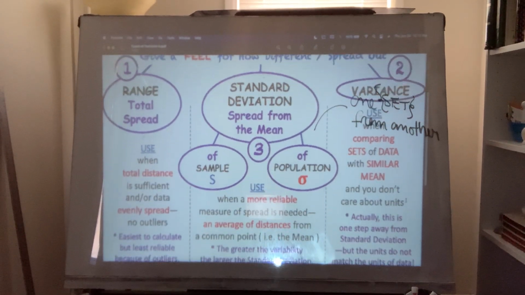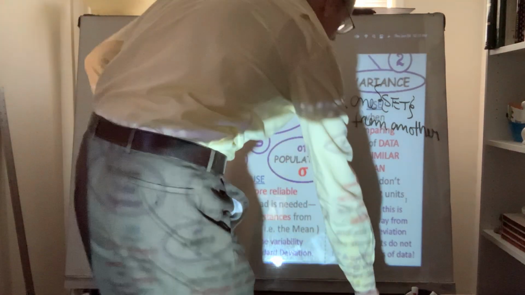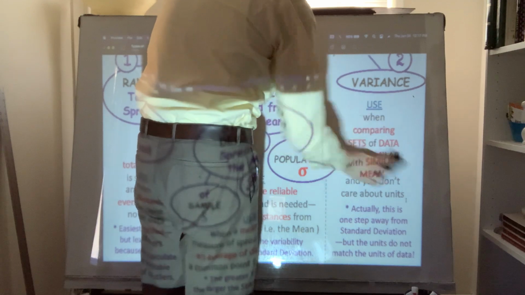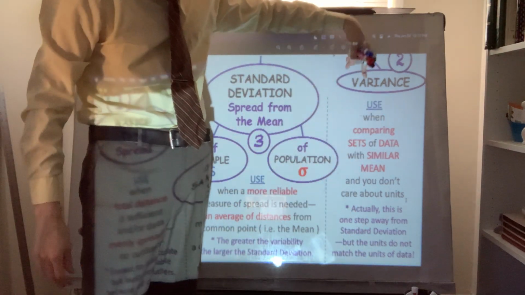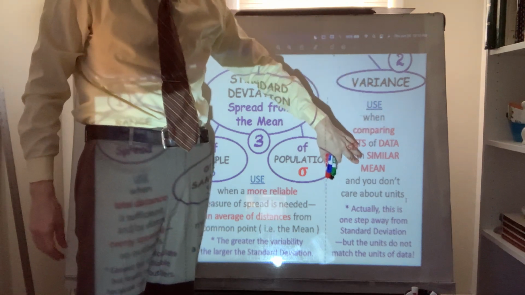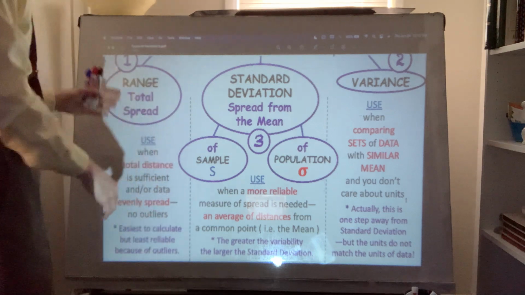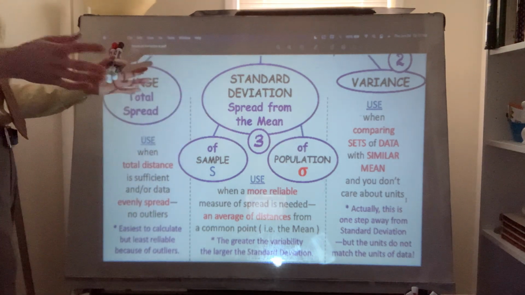The fair comparison is really here, right? I'm jumping the gun a little bit on the variance. When comparing sets of data with a similar mean, you could calculate the range or the variance or the standard deviation of any sets of data.